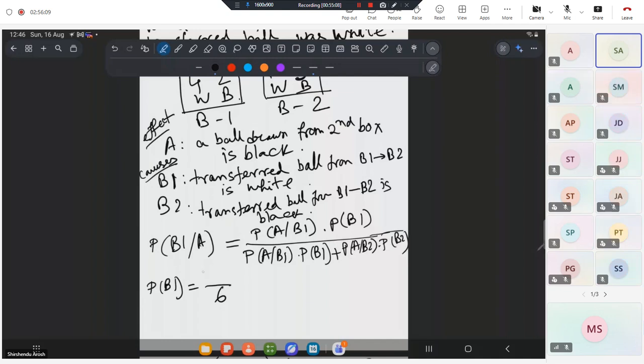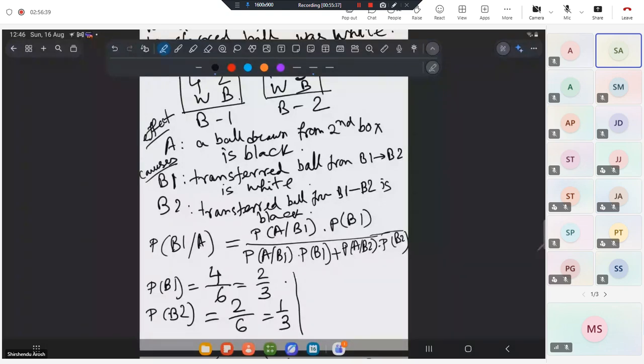That is 4C1 over 6, so 2 by 3. P of B2 is the same thing: out of 6 balls I am sending a black ball, and there are 2 black balls, so 2C1 over 6, that is 1 by 3. Good enough.